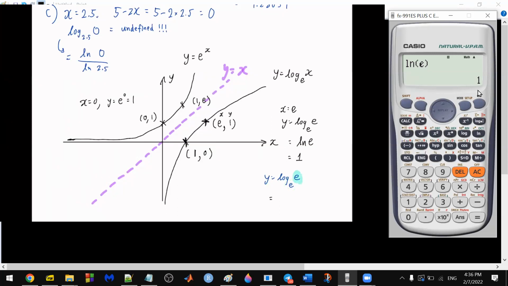This e here remains as the e here in light blue, but the e there in green, I move it over and push the y up. So I'll be left with e power y, and there's an invisible 1 there, exactly. So therefore y is equal to 1. Make sense? Okay.